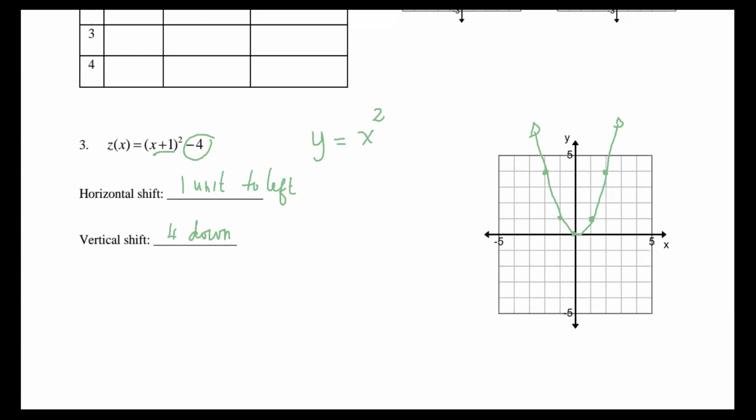So we can approximately just do like 4 down. So it's going to be -1, -4. So this is -1, -4. That is going to be the vertex of this parabola. And then of course you can identify all the other points to graph this one.